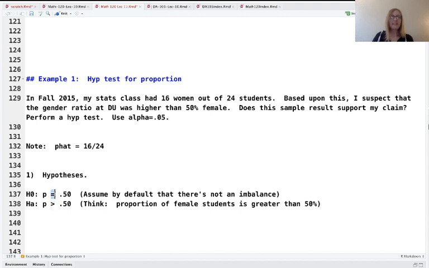The null hypothesis always has an equal sign, because here's where we're telling what our default baseline assumption is about the population. This is the status quo. This is our prior assumption. Here's what we'll assume by default. This value, p equals 0.5, is going to be the thing that we use when we compute the p-value.